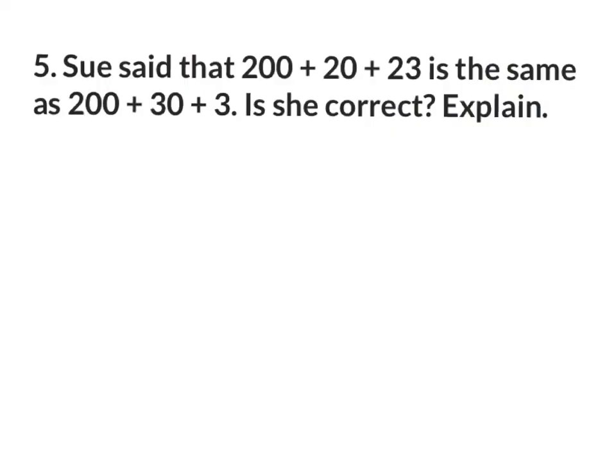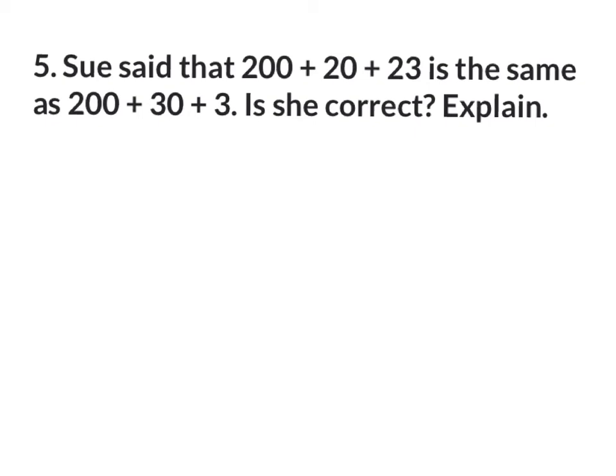Now let's skip ahead to number 5 on the next page. You can go back and practice the other problems after. Number 5 says, Sue said that 200 plus 20 plus 23 is the same as 200 plus 30 plus 3. Is she correct? Explain.